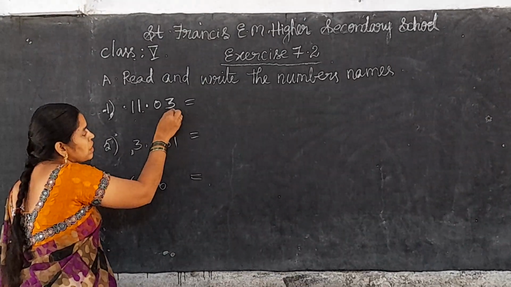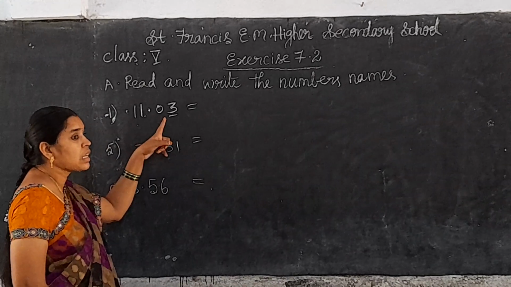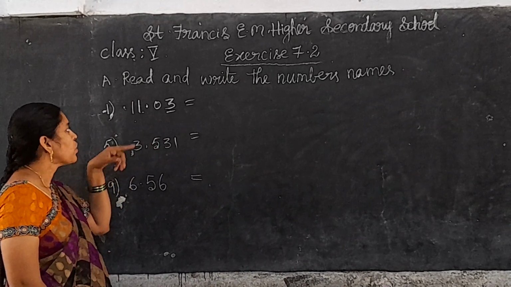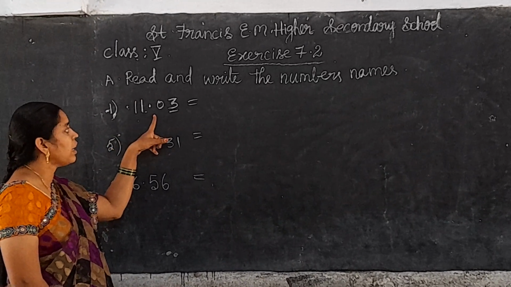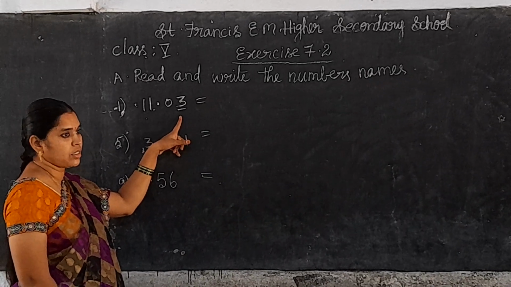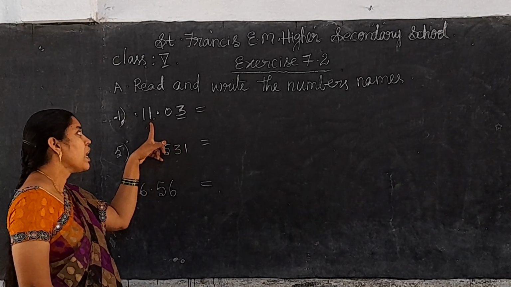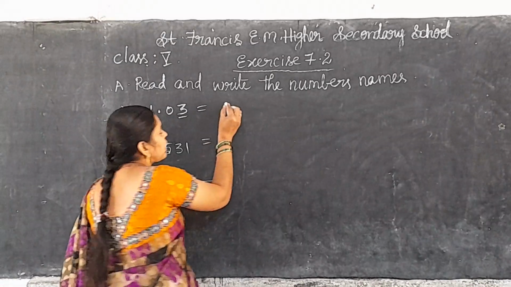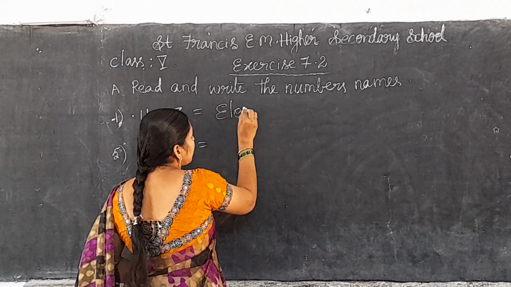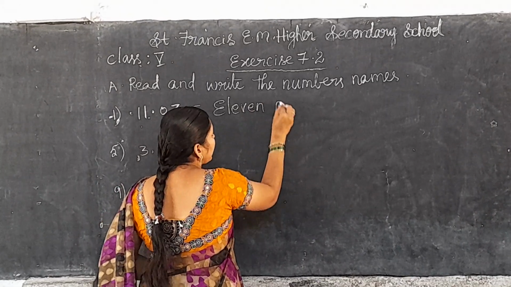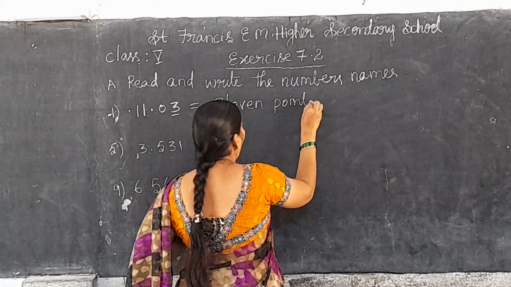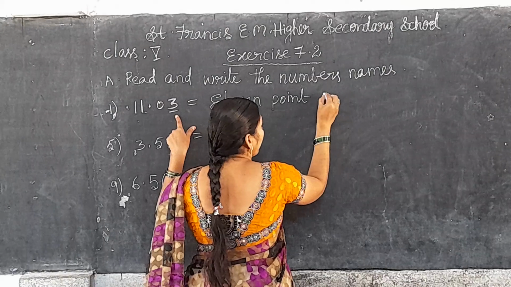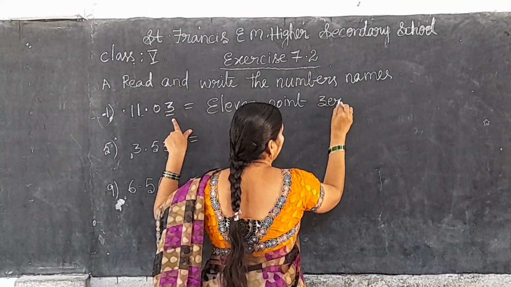See, where is this 3? 3 is in the hundredths place. So you can write 11 and 3 hundredths, otherwise 11.03. I am writing 11 point. After the point, we write the digits separately.